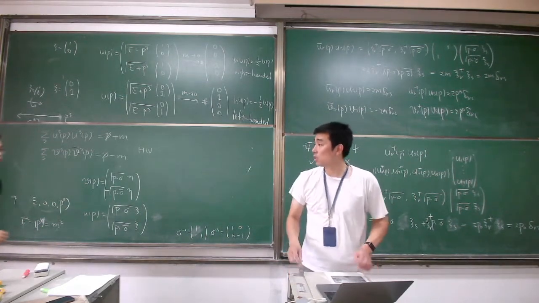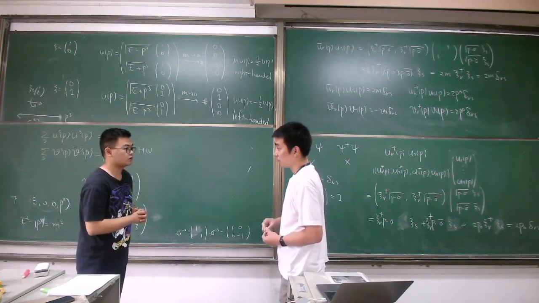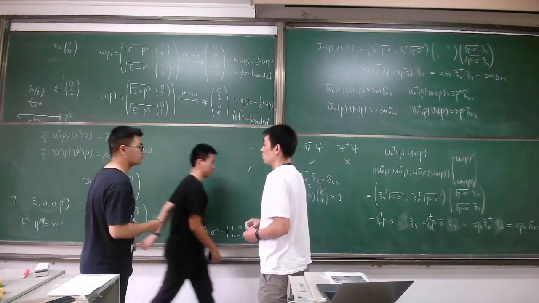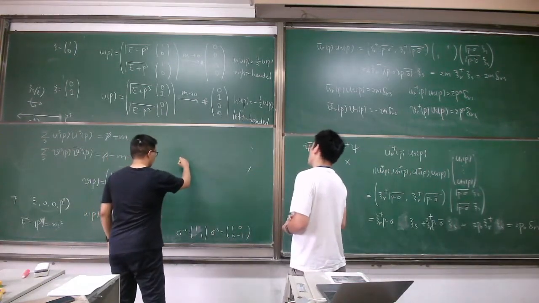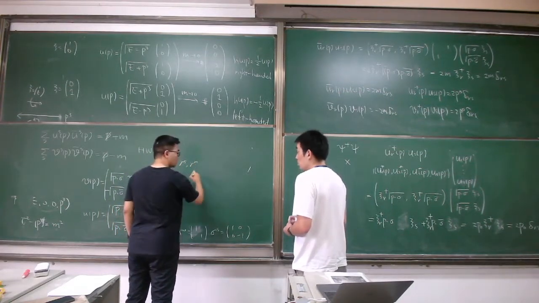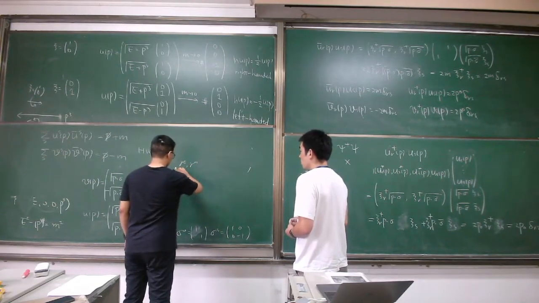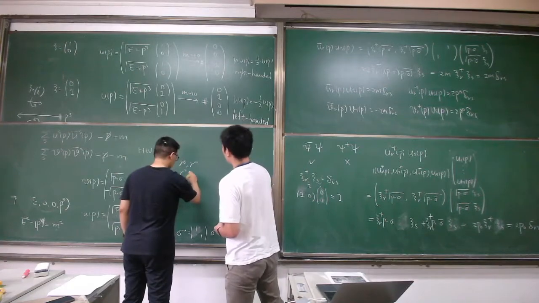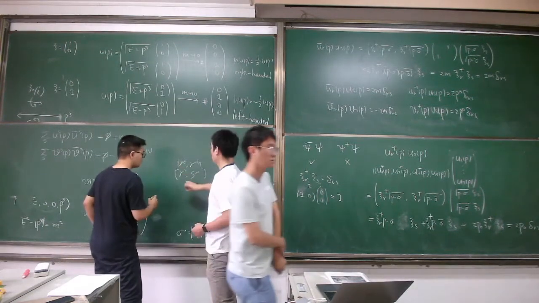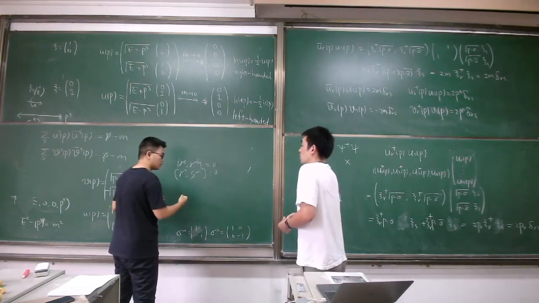I have a question about this Dirac equation. We have something that gamma 5 commutes with, so can we construct a Lagrangian like this?